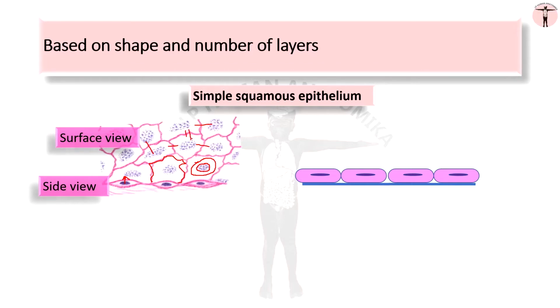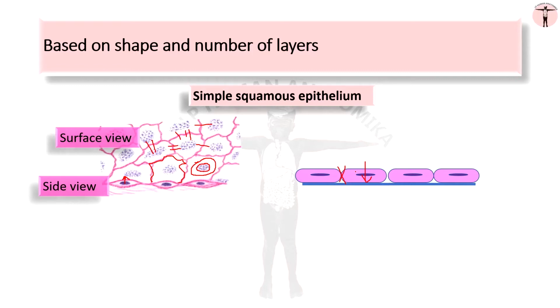Any substance passing through the epithelium has to pass through the cell, and cannot pass in between the cells because of these epithelial junctions.